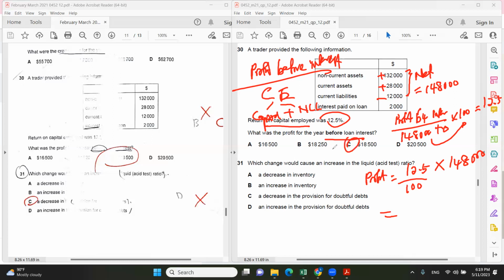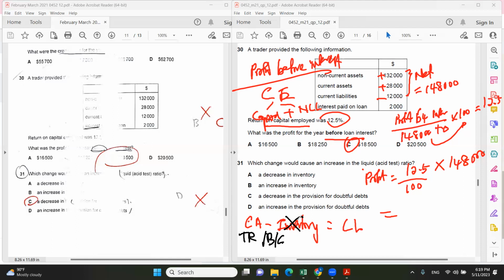Okay. Next: which change would cause an increase in the liquid asset? Acid test is current asset minus inventory, to the current liability. Basically, don't include the inventory. Just take trade receivable, bank, cash, other receivable.